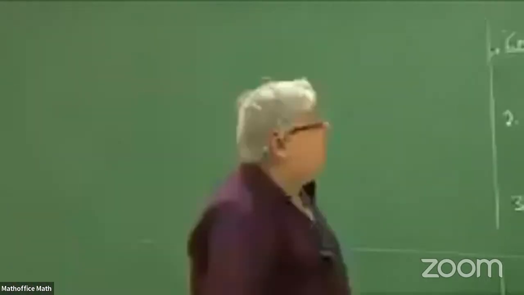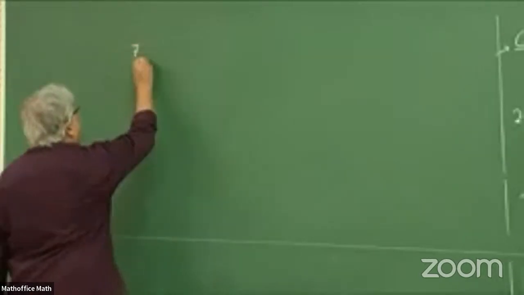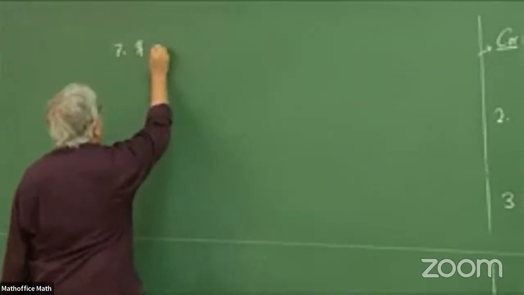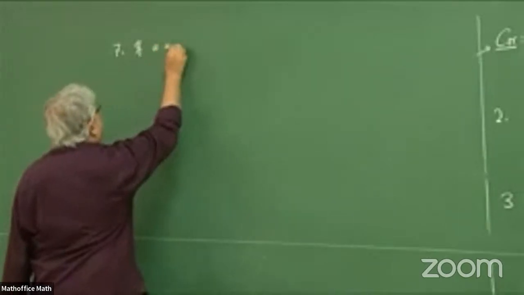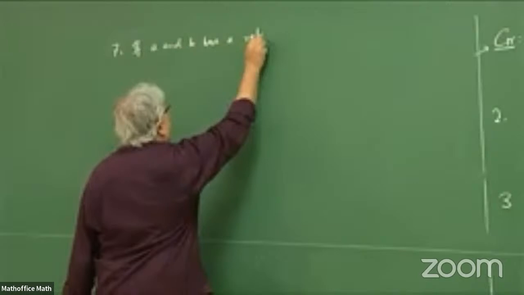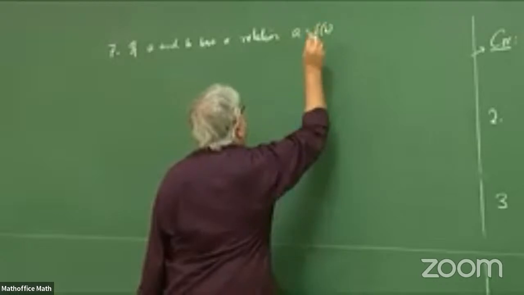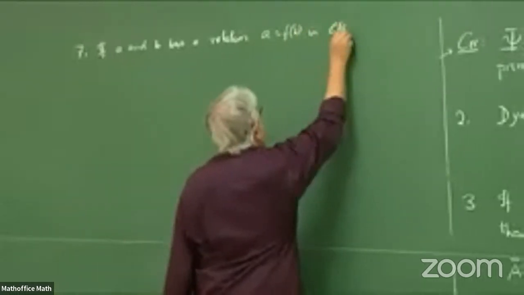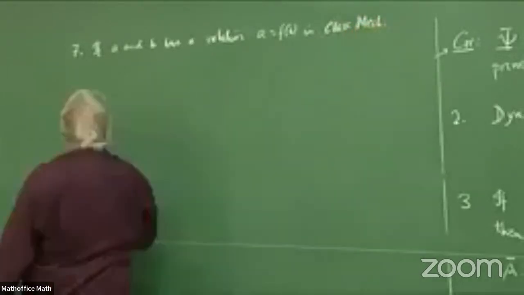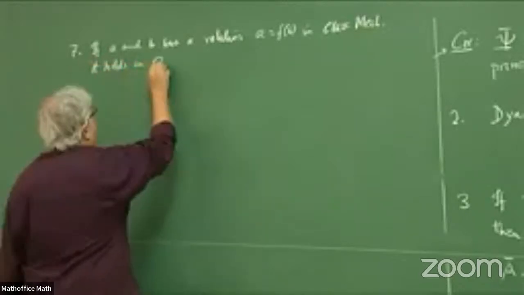Number 7 is the fact that A and B have a relation with A equal to F, the force, in quantum mechanics.